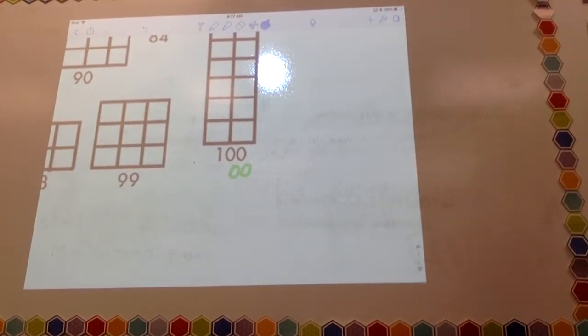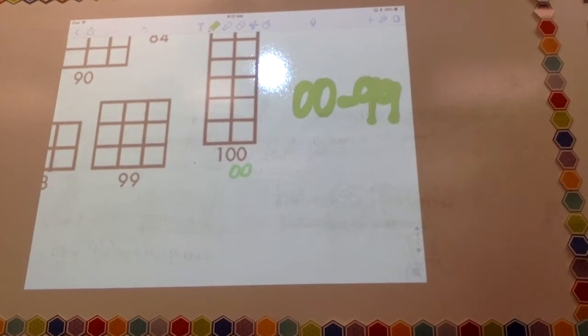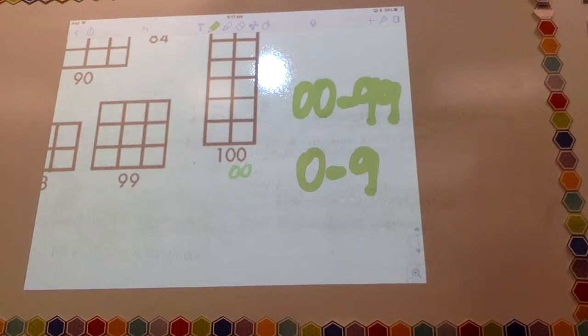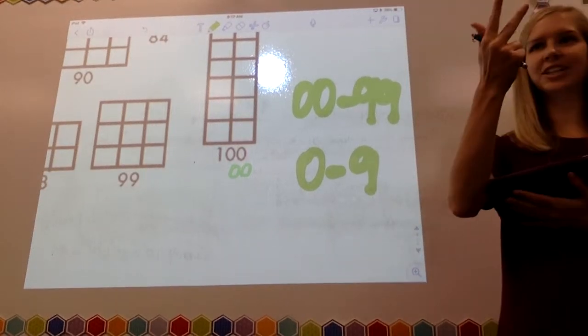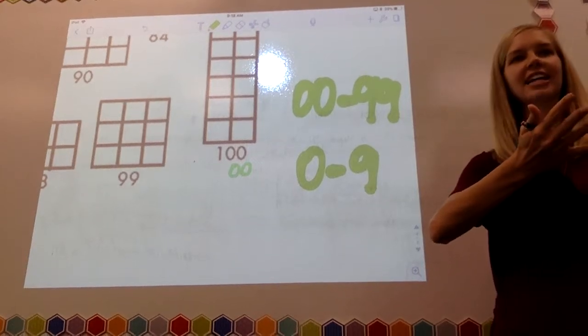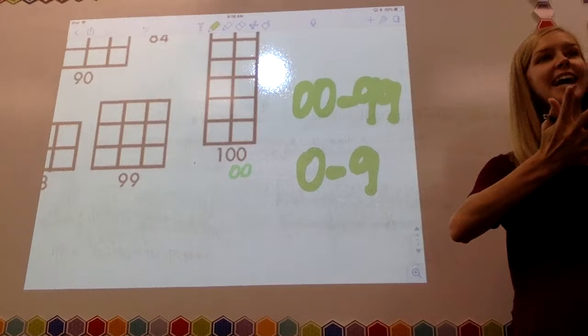So can you tell me how many digits are there between 0, 0, and 99? A lot. Yes. How many exactly? Let's go smaller. How many digits are there from 0 to 9? 0, 1, 2, 3, 4, 5, 6, 7, 8, 9. 10, yeah. From 1 to 9, there's 9, right?